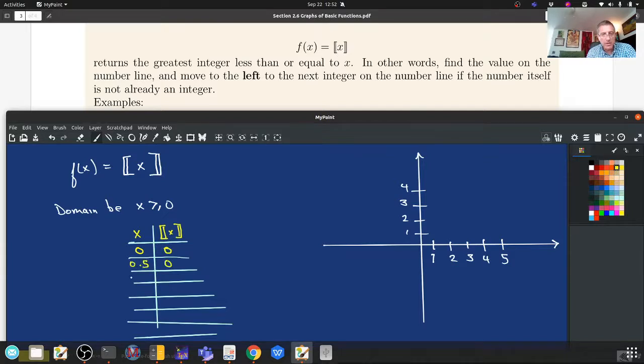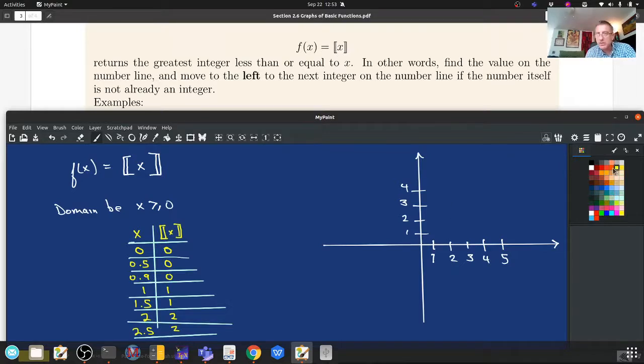It's 0. 0.9, it's 0, because the output value has to be an integer less than this value, the closest integer. So let's do another one. 1, the output's going to be 1. 1.5, the output's going to be 1. 2, the output's going to be 2. 2.5, the output's going to be 2.